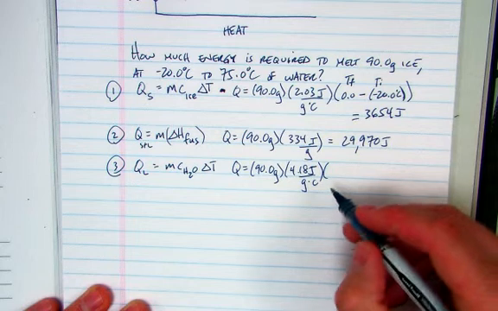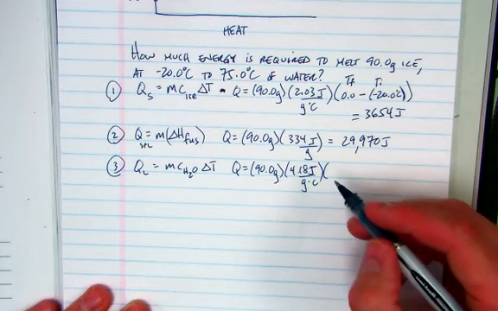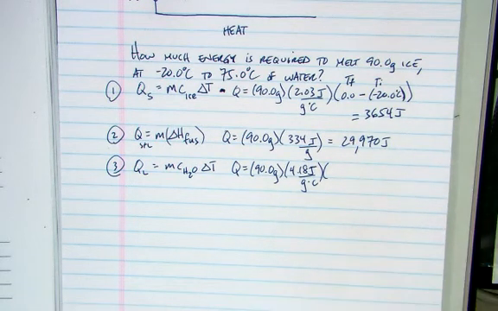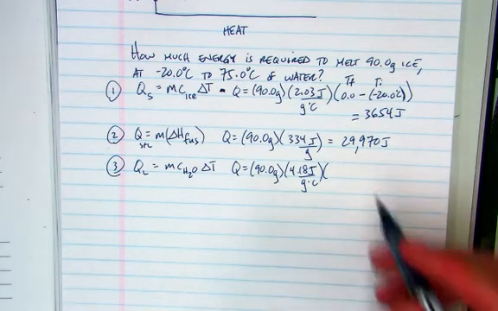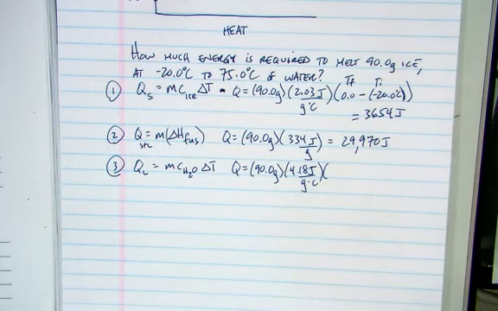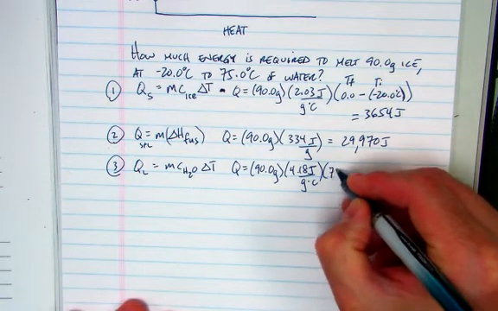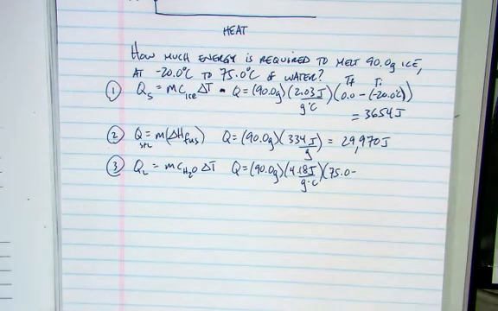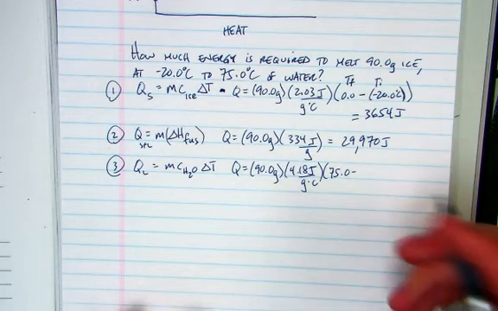And our change in temperature is T final minus T initial. Now, remember how we're doing this in sections. So the final temperature is going to be 75 degrees. That's where we were on our graph. I'll show you that in a second. And the initial temperature is the temperature where that section started, which was 0.